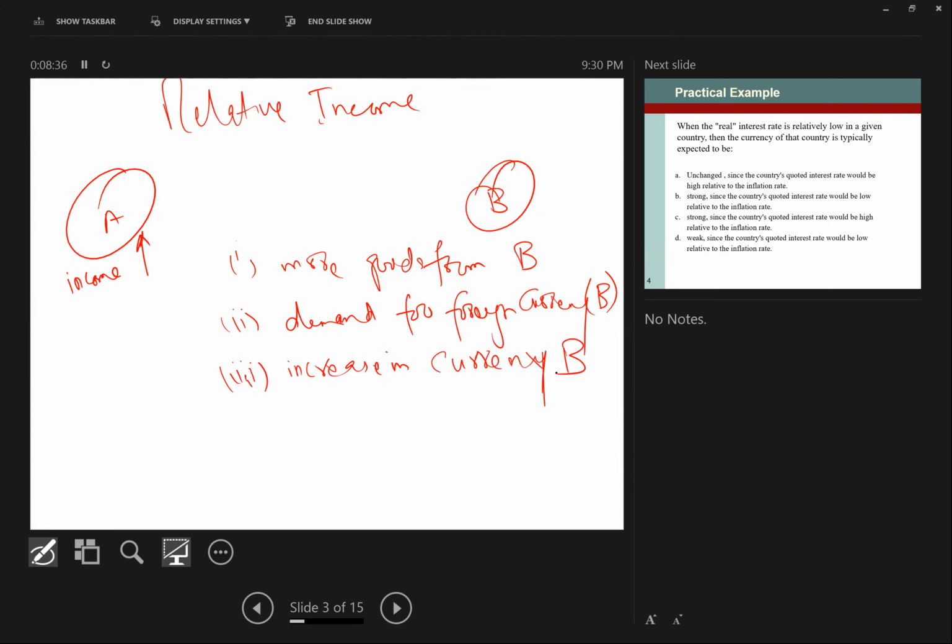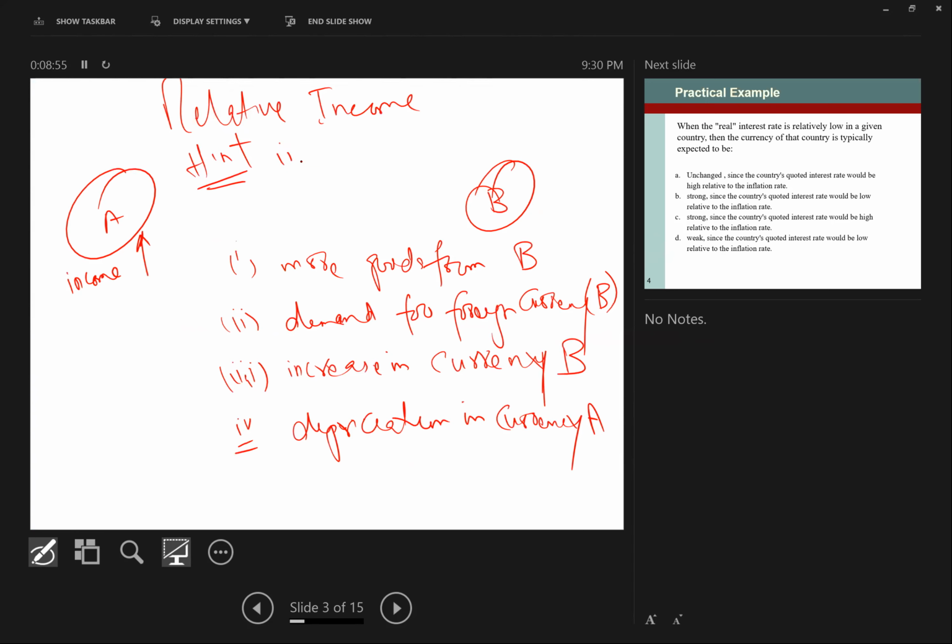For A will depreciate, for B will appreciate. Very nice. So there's going to be depreciation of currency A.